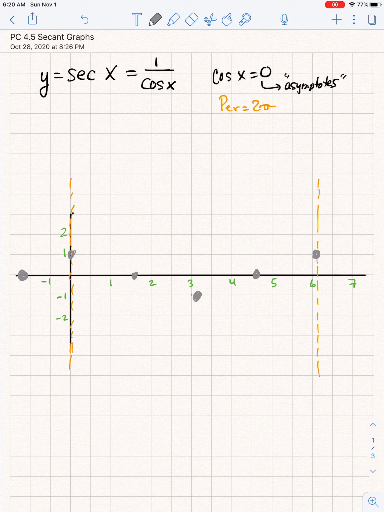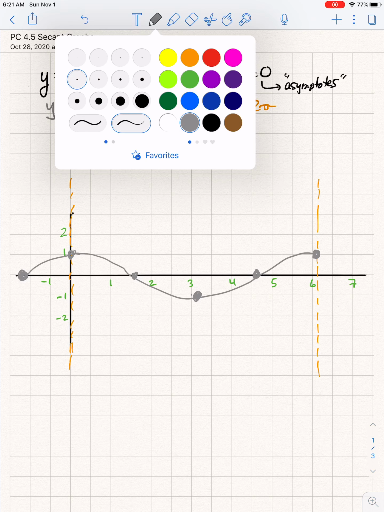So we have our basic cosine graph that you're used to drawing, and I've added one backwards, just one. I could do that also to the right past the 6.28, but I think this is fine for what we want to do. So in gray, we have just your parent function cosine.